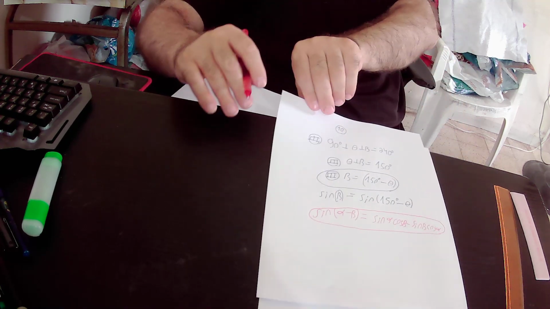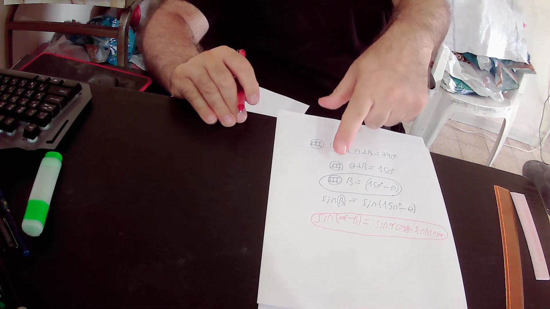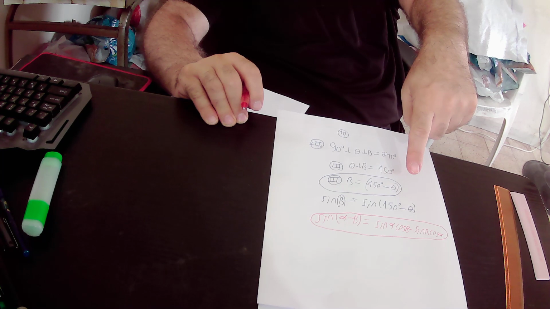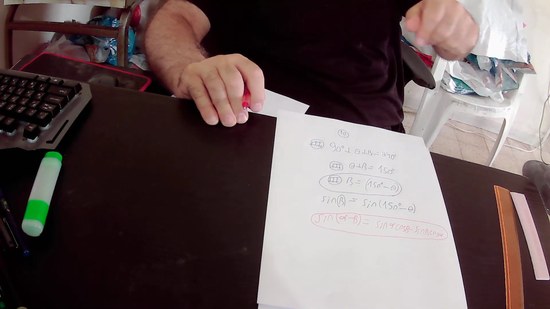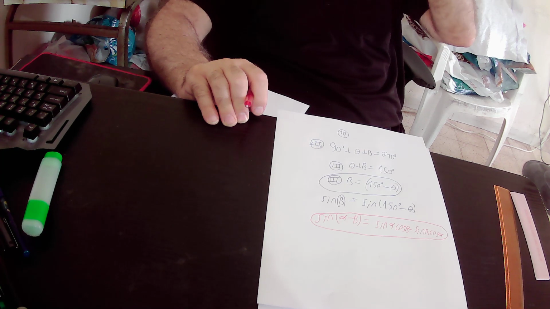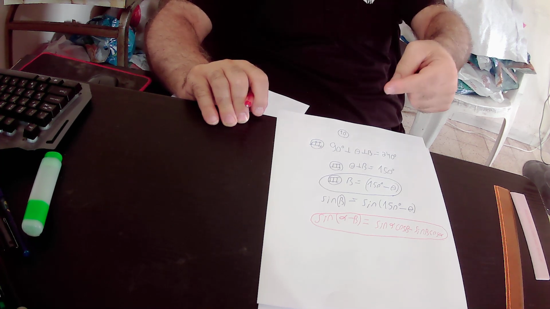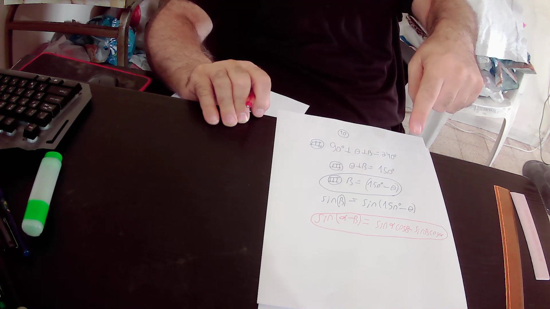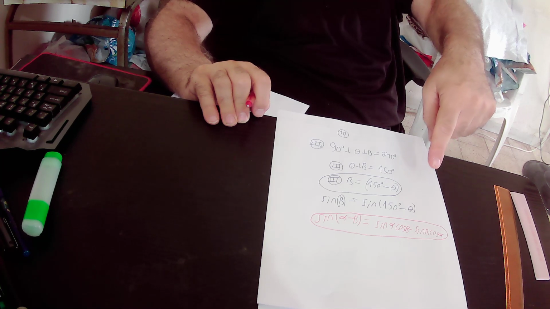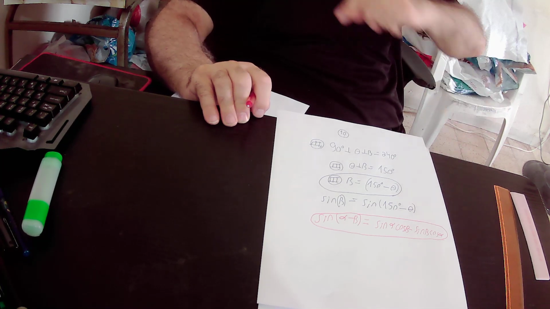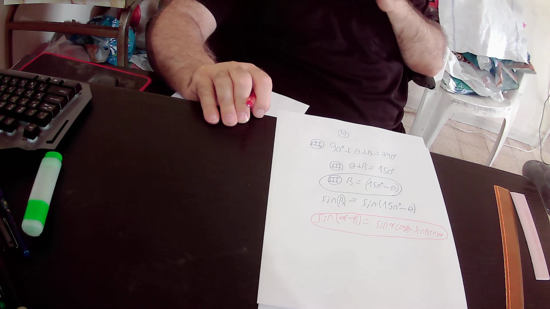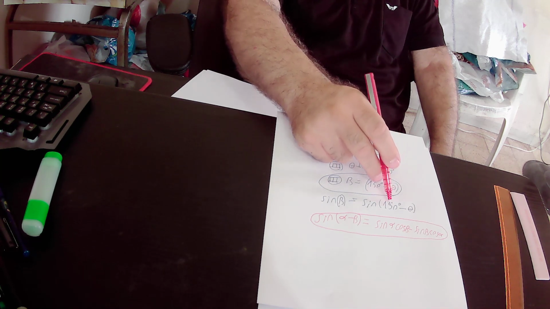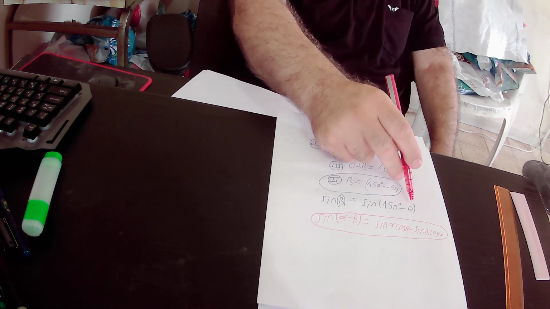So we will use the second trigonometric identity in order to calculate the value of sine of 150 degrees minus theta. According to the second trigonometric identity, the value of sine of alpha minus beta equals sine alpha times cosine beta minus sine beta times cosine alpha. Okay, here alpha equals 150 degrees and beta equals theta.